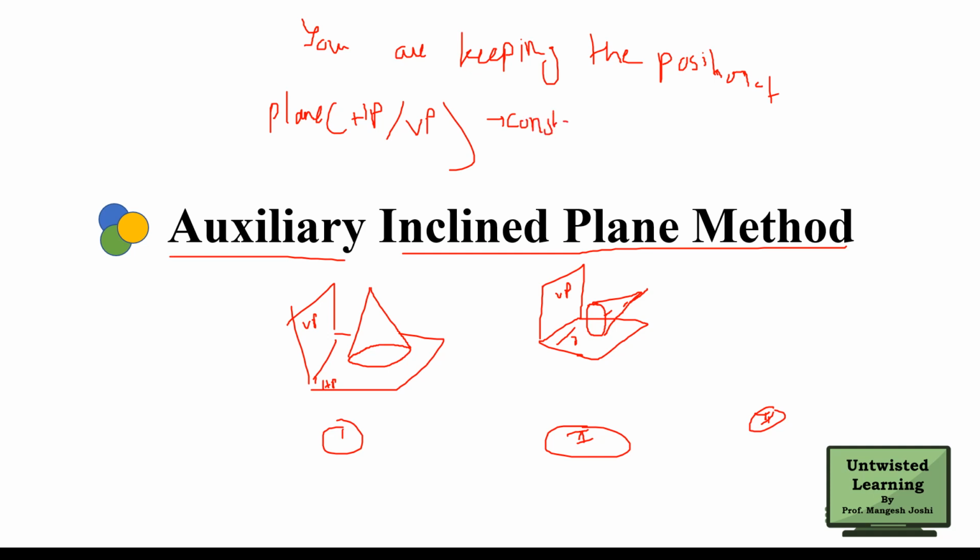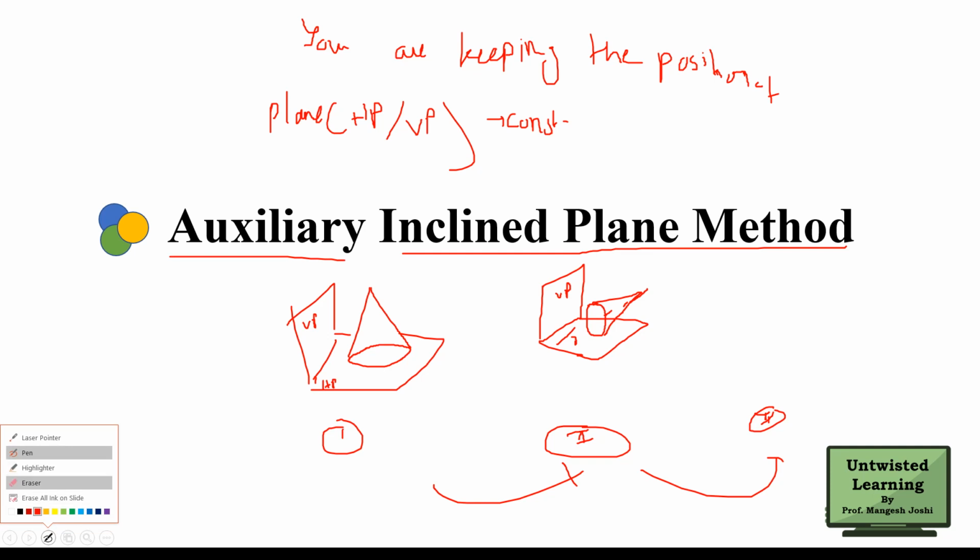As you are going from first stage to second stage to third stage, your positions of planes remain constant and you are changing the positions of the object, and that's why there is a need to redraw the object. Okay, what change we will do in this auxiliary plane method, we will keep the object constant, and we will change the positions of planes to obtain the front view and top view.